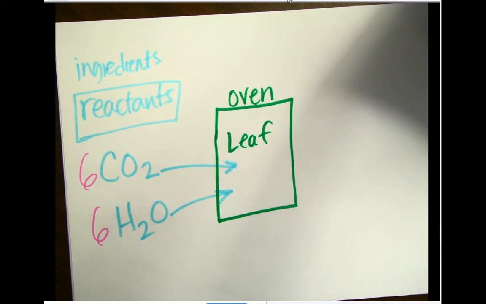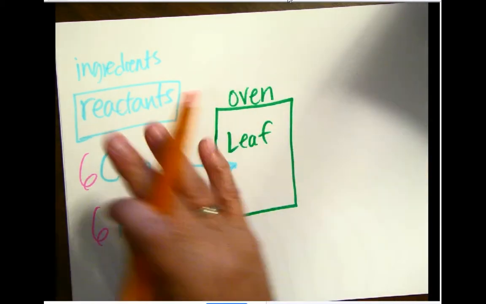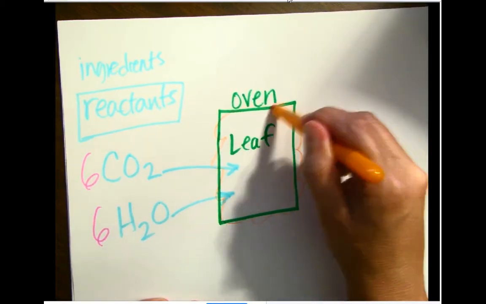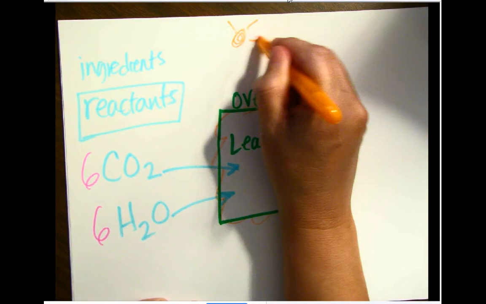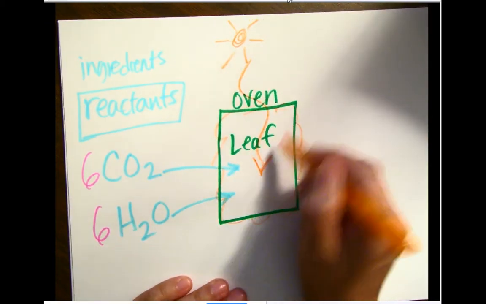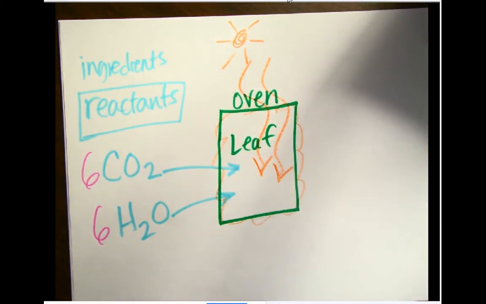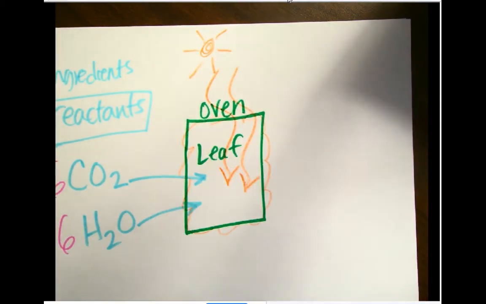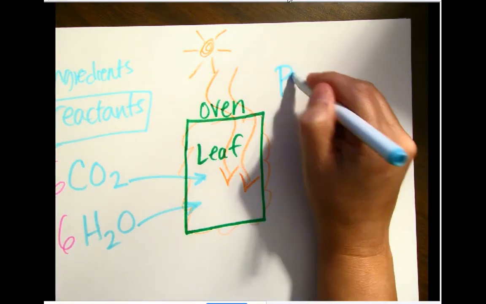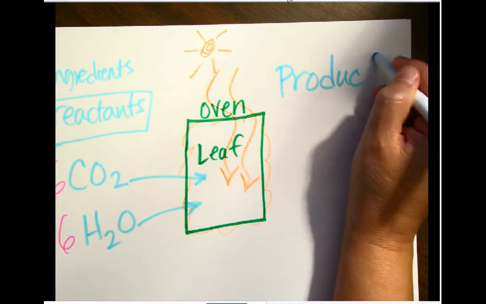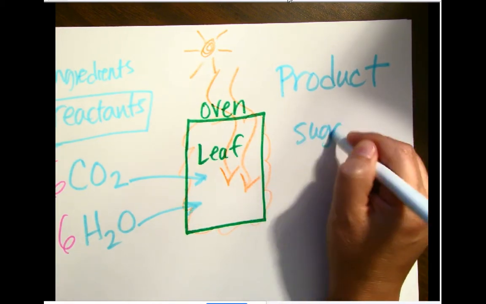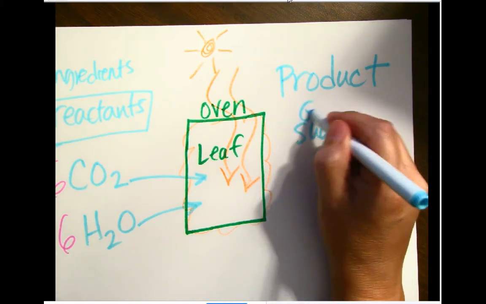And what fuels this? So in order to make these ingredients into a cake, the oven has to heat up. Okay? So just like we need the sun's energy. The sun's energy is the energy that makes this happen. And instead of getting this yummy cake out, our product, our finished product, is sugar in the form of glucose.